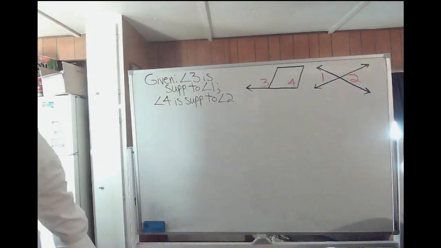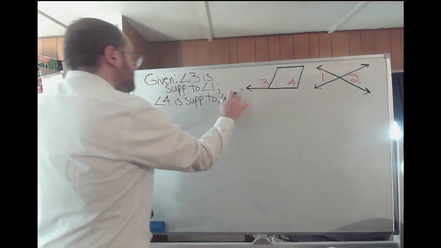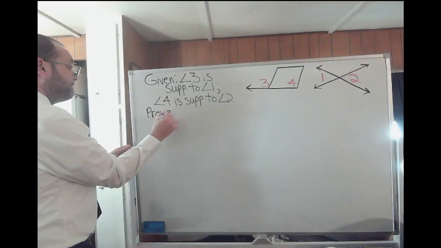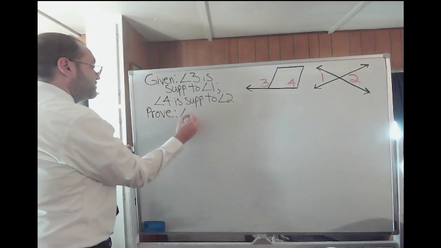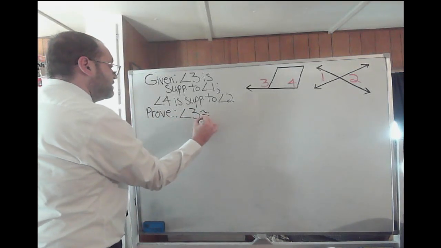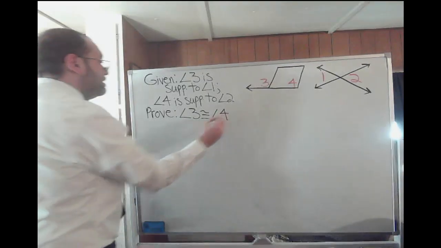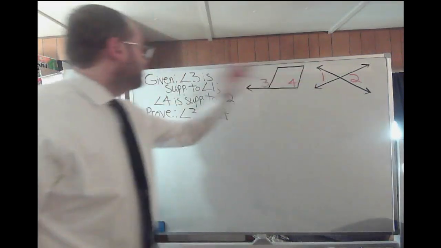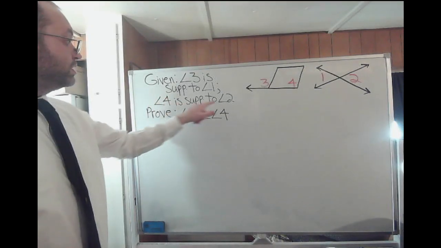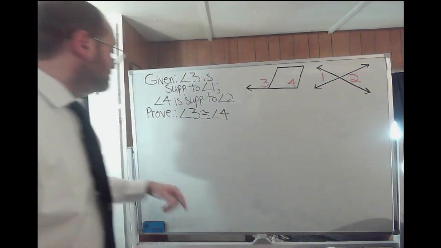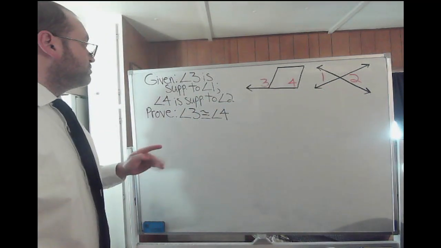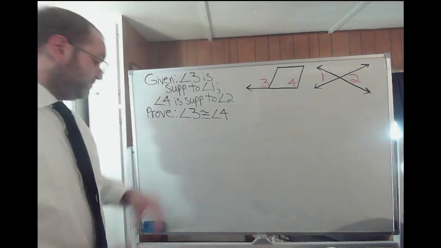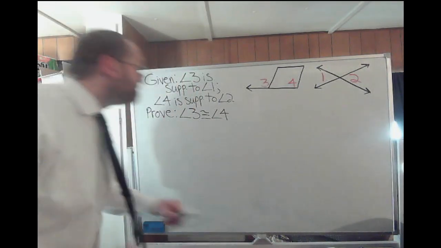I feel like there was a third thing. Nope, that was it. What we're being asked to prove is that angle 3 is congruent to angle 4. Okay, so we're given that angle 3 is supplementary to angle 1. Angle 4 is supplementary to angle 2. We're simply being asked to prove that angle 3 is congruent to angle 4. So let's go ahead and set the proof up.